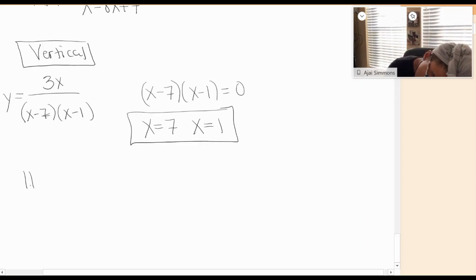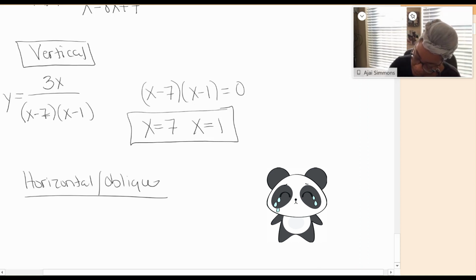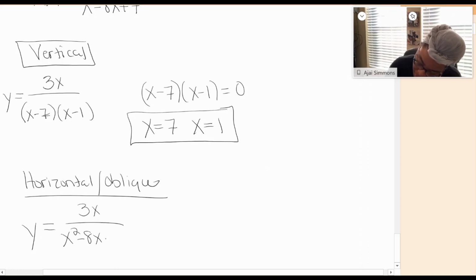Now horizontal and oblique. So you look at the original problem, and then you find the degree of the top and bottom.